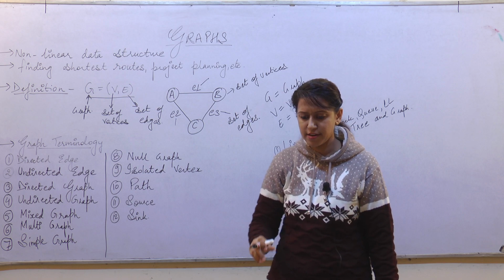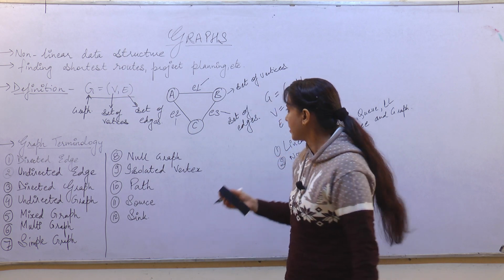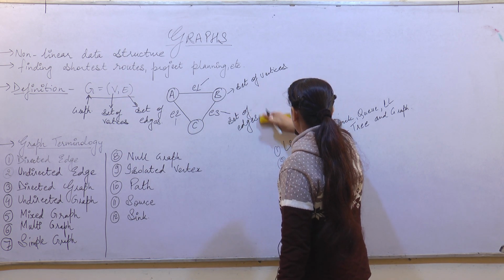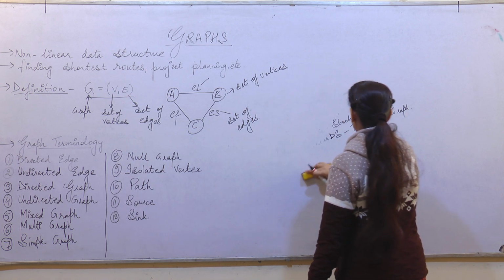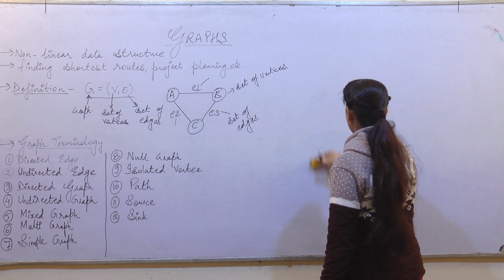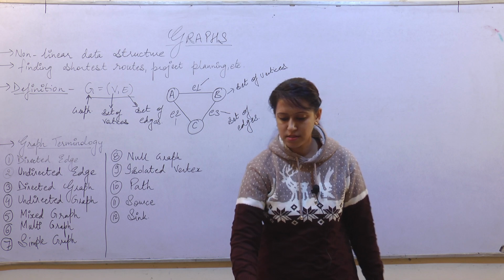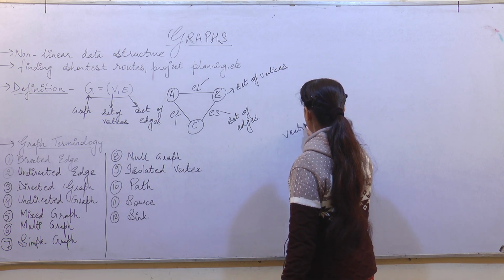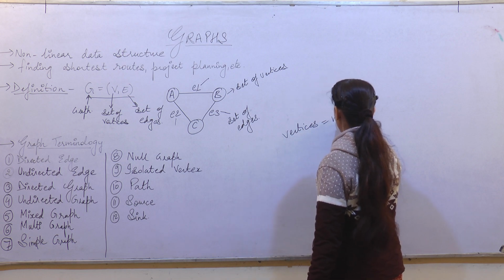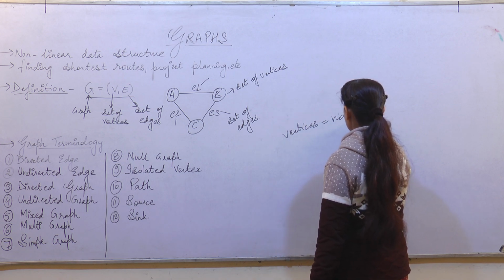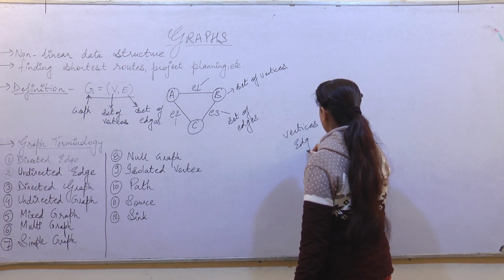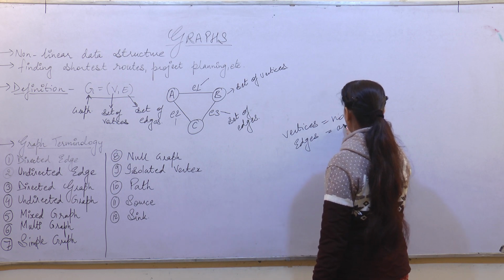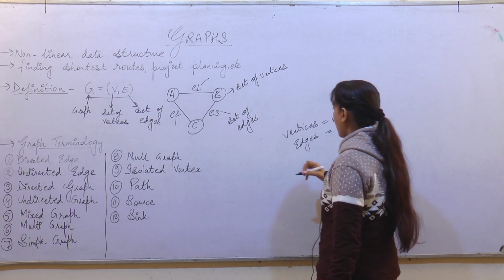Now the thing that we should always keep in mind is that vertices are also known as the nodes, and the edges are also known as the arcs.